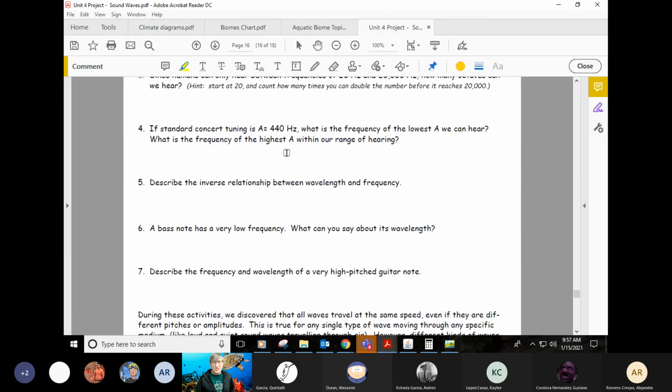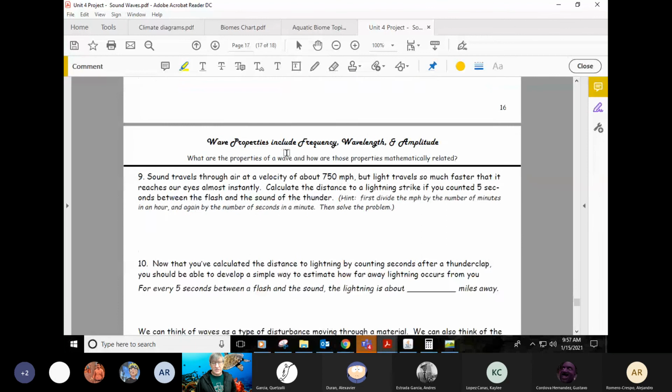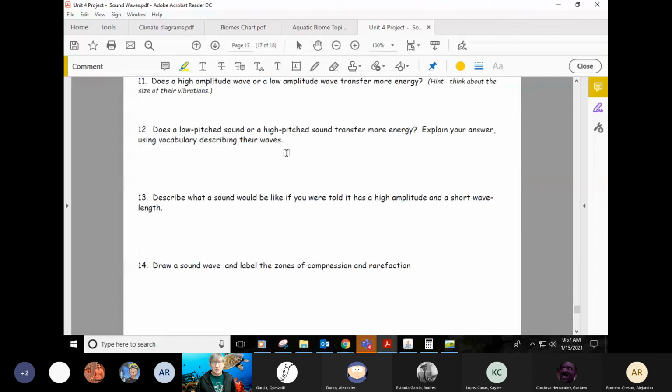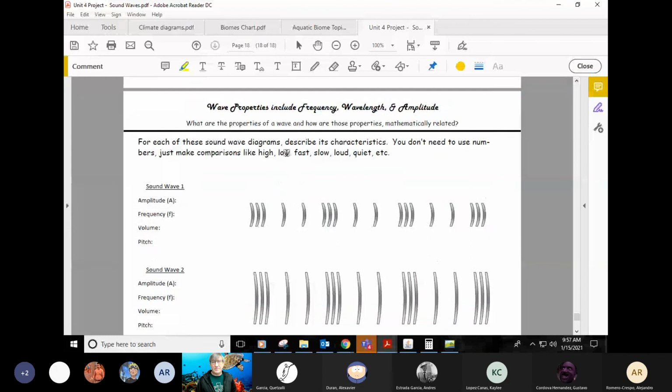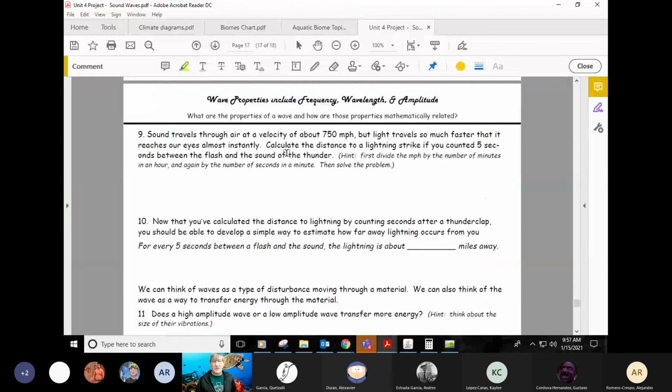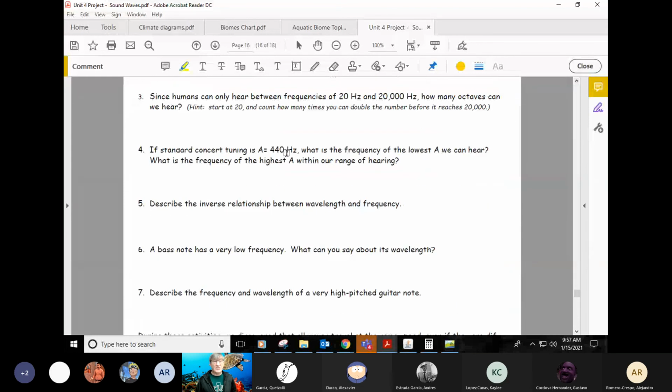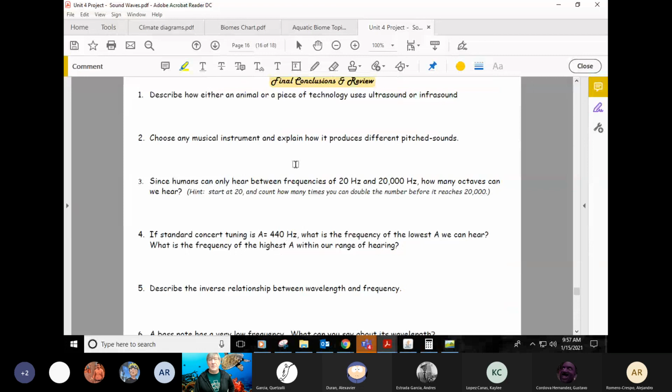The last 3 pages are review questions and summary questions. The last one is like diagrams of sound waves. We're going to talk about some of these next class when I see you next week. But I want to offer you the chance to finish this whole thing on your own for extra credit. If you have this entire project turned in before I see you on Tuesday, I'm going to give you the extra credit bonus.